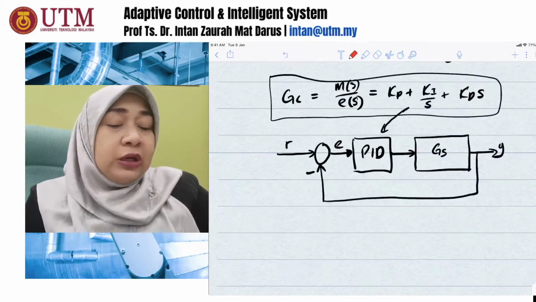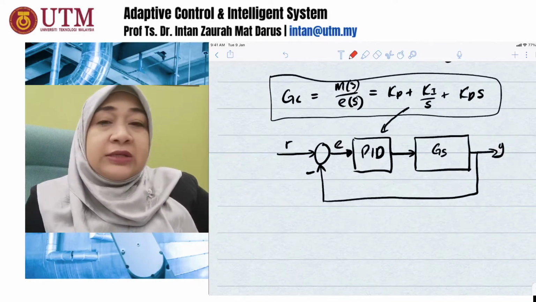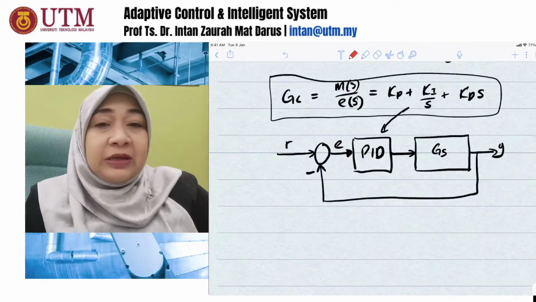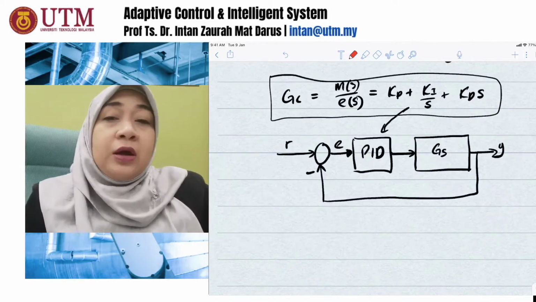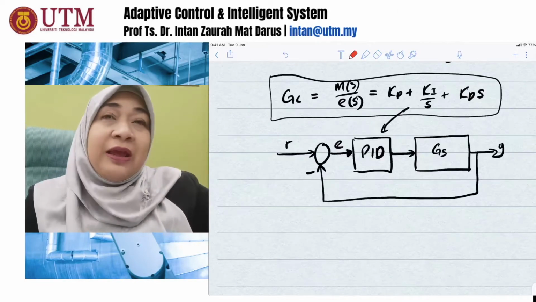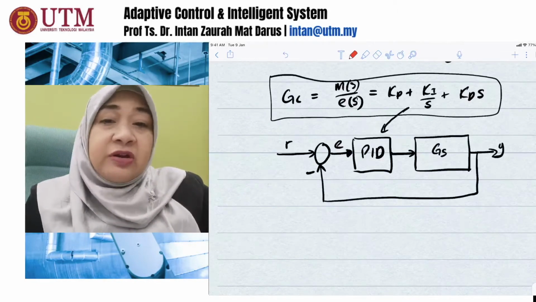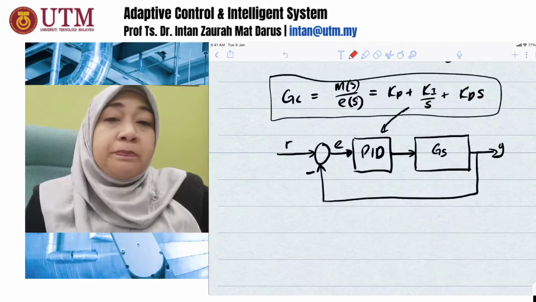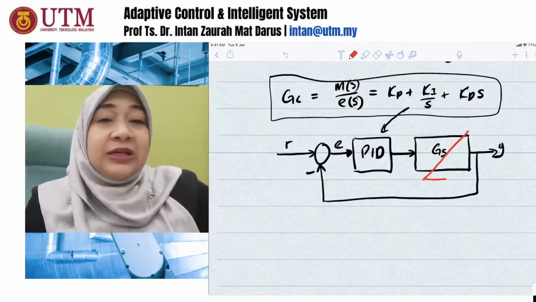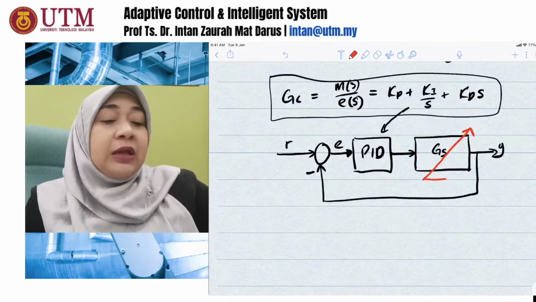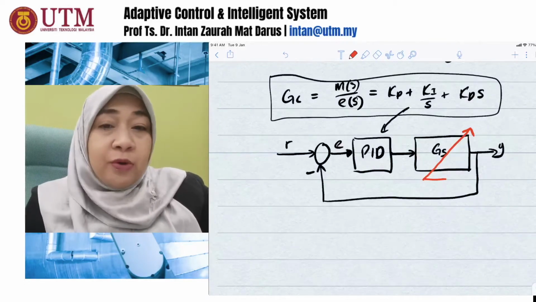Okay, so in a normal system which doesn't have changes of parameters, you can design your PID controller, and with the same values it can control your system without any reduction of performance. But the moment your system changes in its parameters, your PID controller performance will reduce.